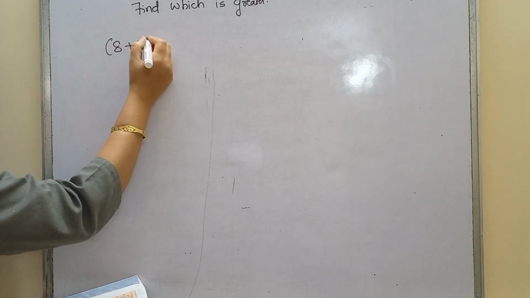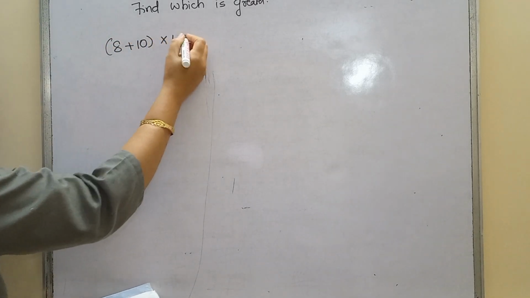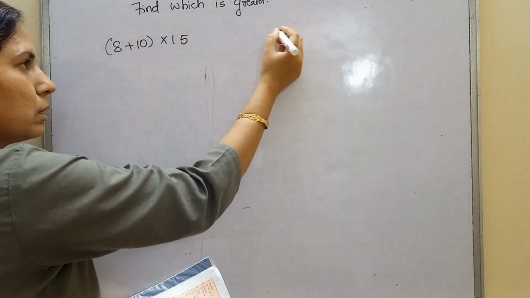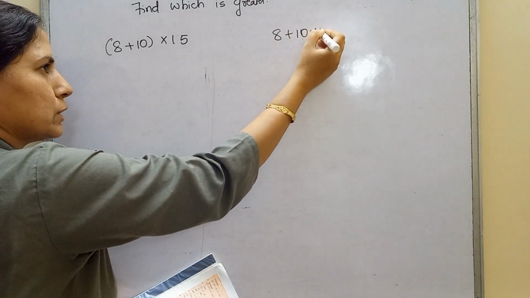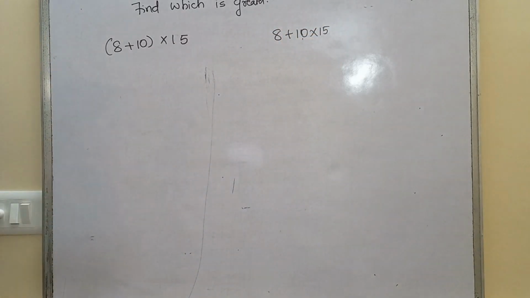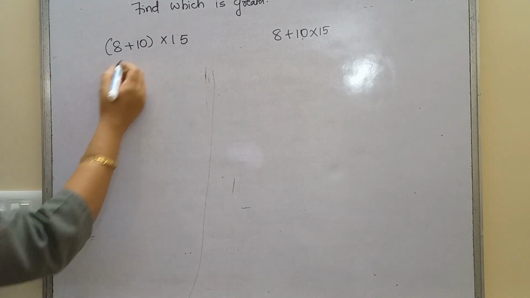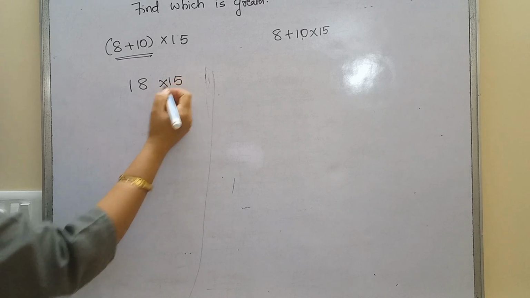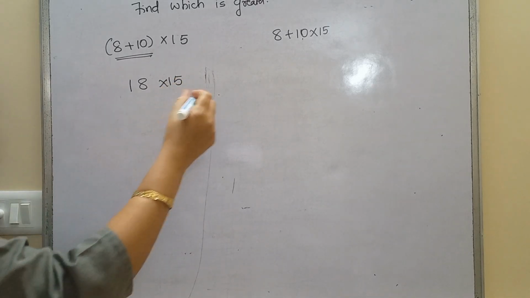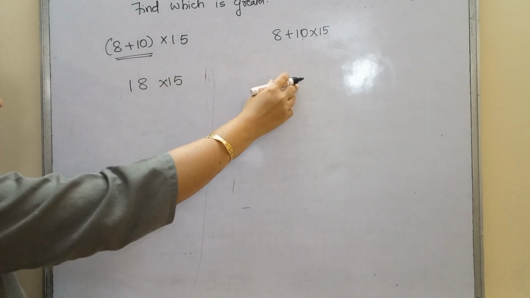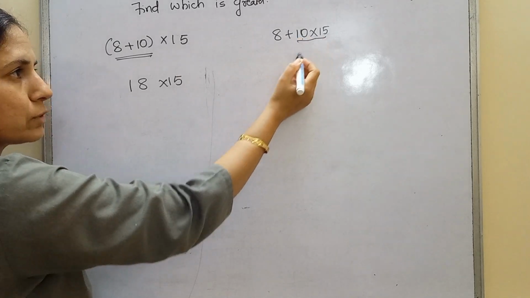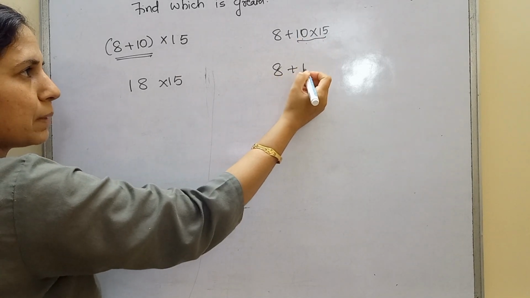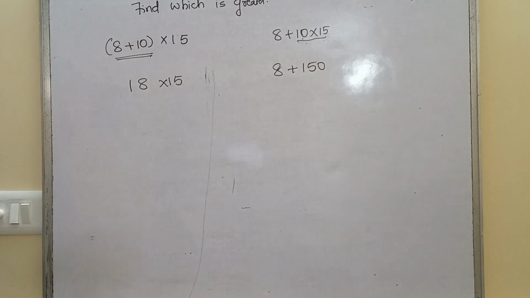8 plus 10 into 15 or 8 plus 10 into 15. Now let us see which one is greater. What is 8 and 10? 18 into 15, sorry. And here according to the BODMAS rule, you have to multiply first. This becomes 8 plus 150.